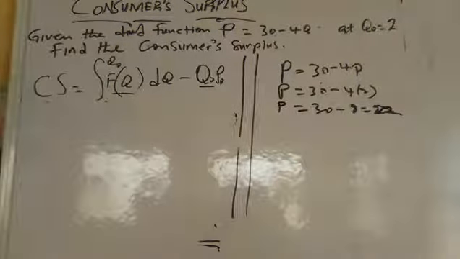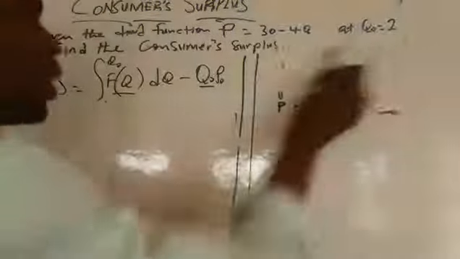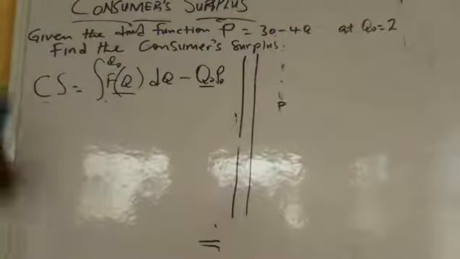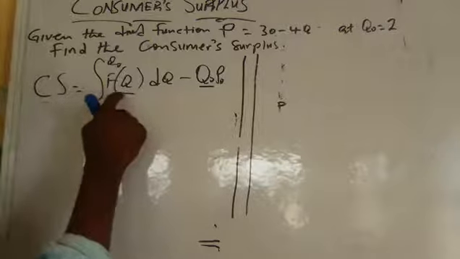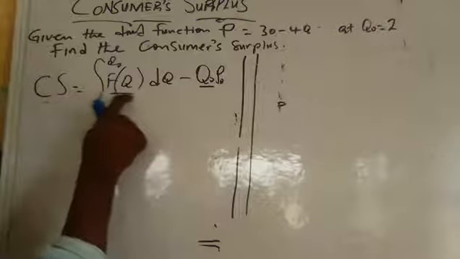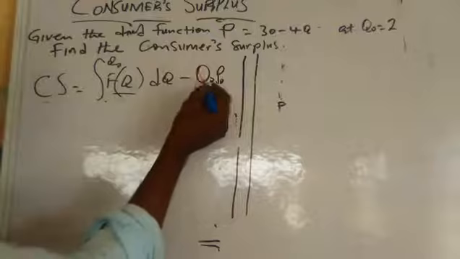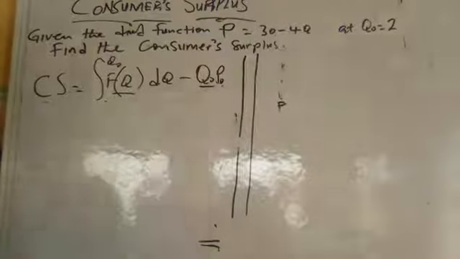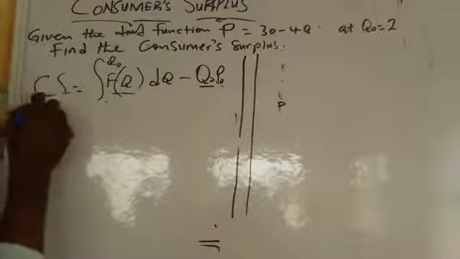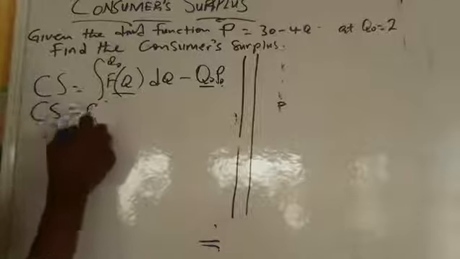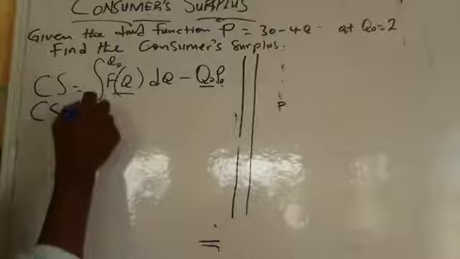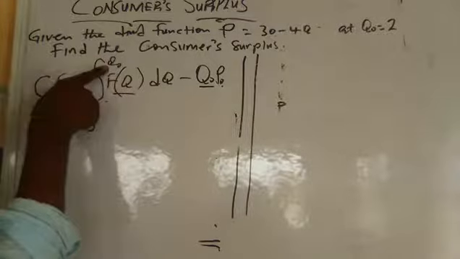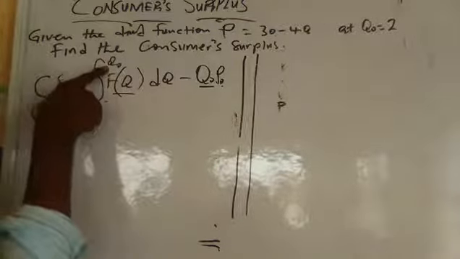Since we have gotten the equilibrium quantity and equilibrium price, we can start using our formula. This is the consumer surplus formula. This f(Q) is the demand function, this is our equilibrium quantity Q naught, and this is our equilibrium price. Our consumer surplus is the integral sign here. Our Q naught, don't forget, is our equilibrium quantity, and we have it already to be 2.